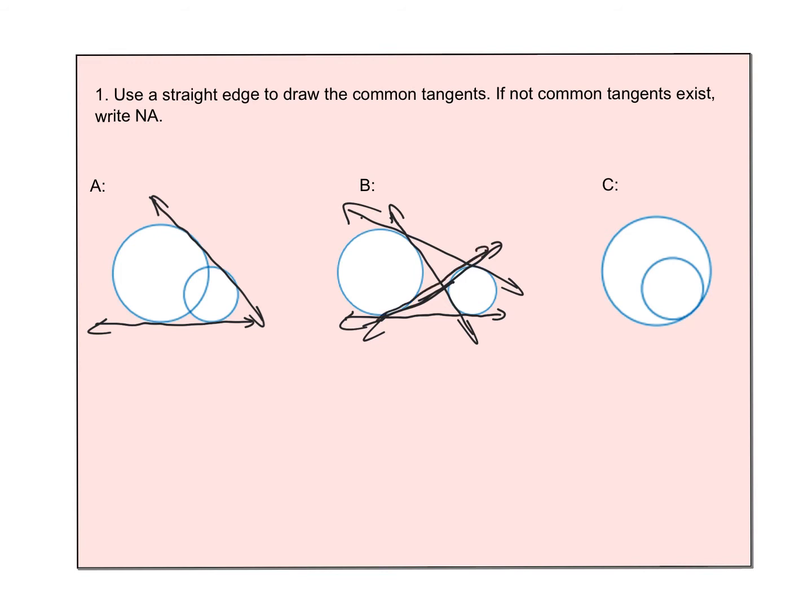This third one, letter C, is interesting because I'm only going to have one. That's the only one that could work for that. That is technically tangent to both circles. Okay, so a common tangent just says you're tangent to more than one circle. That's it.